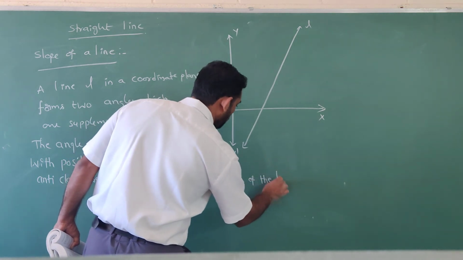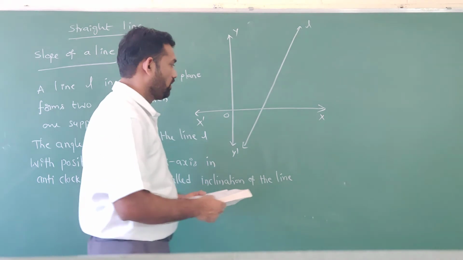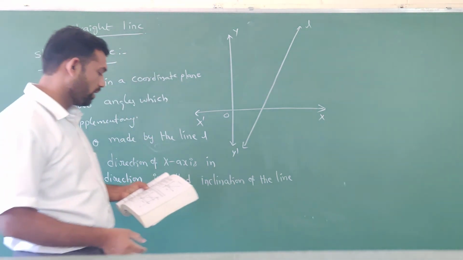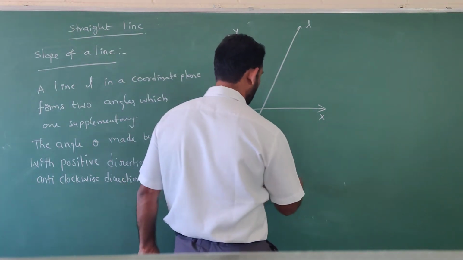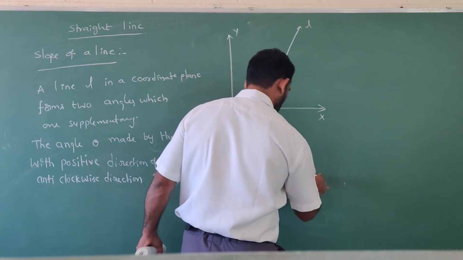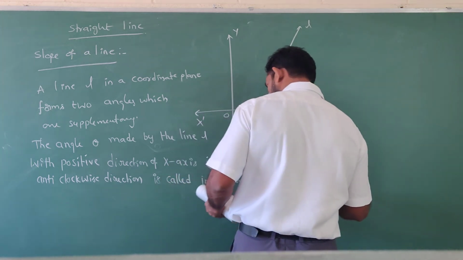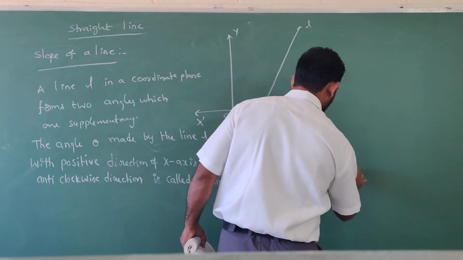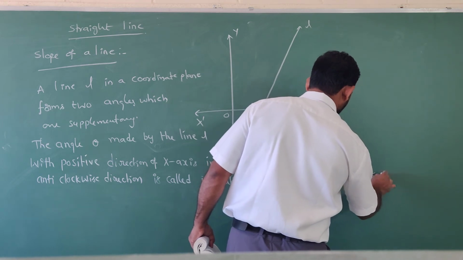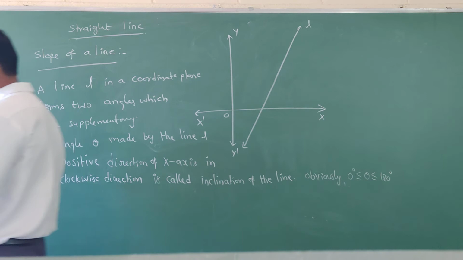Obviously, the inclination is between 0 degrees and 180 degrees: 0 degrees less than or equal to theta less than or equal to 180 degrees.